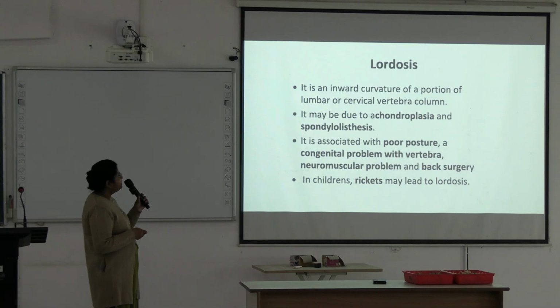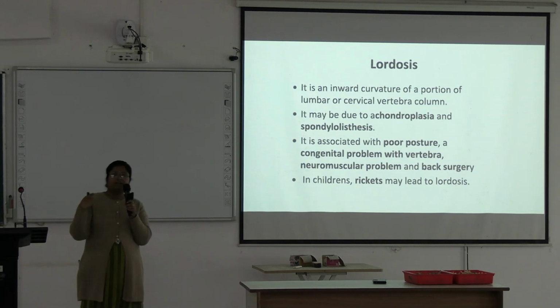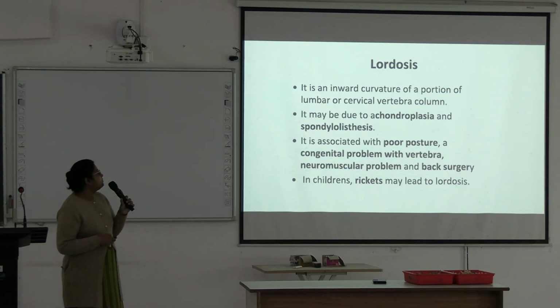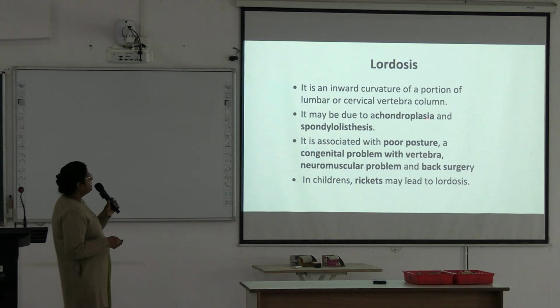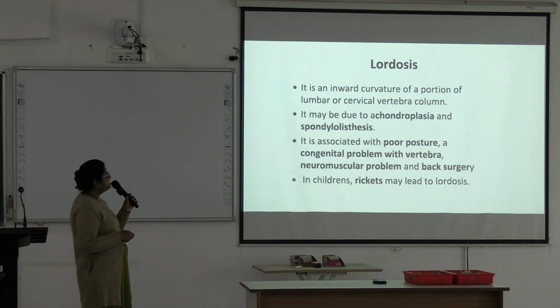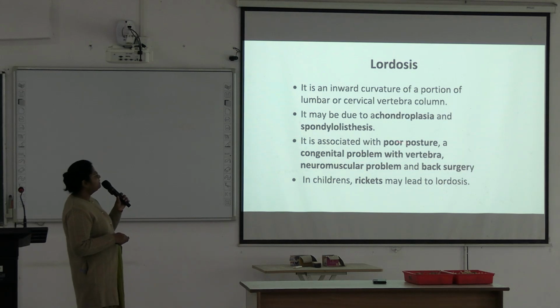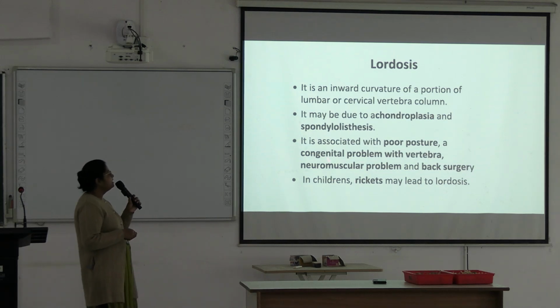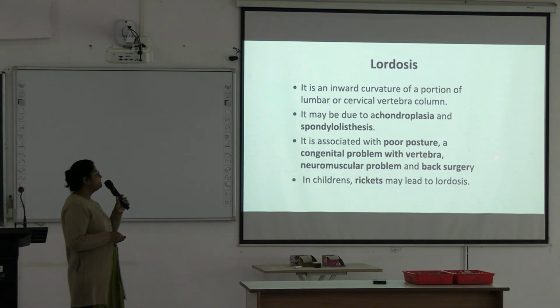Lordosis is normally present in the cervical and lumbar region. When it is increased, then it is a disease condition. It may be due to achondroplasia and spondylolisthesis. We'll discuss it. It is associated with poor posture, a congenital problem with vertebra, neuromuscular problem, and back surgery.